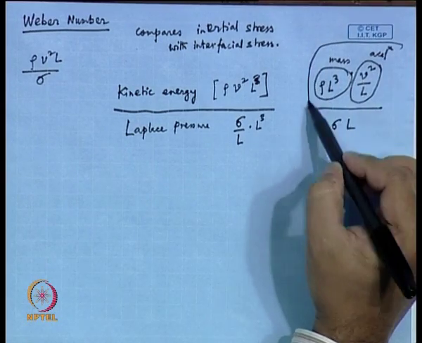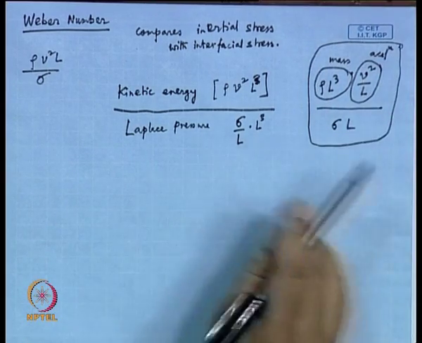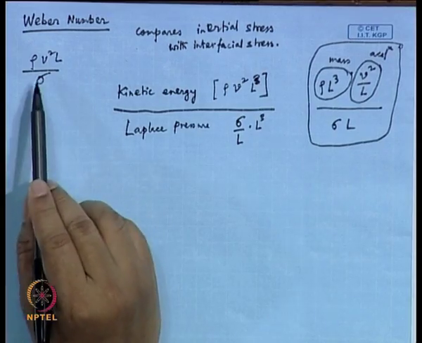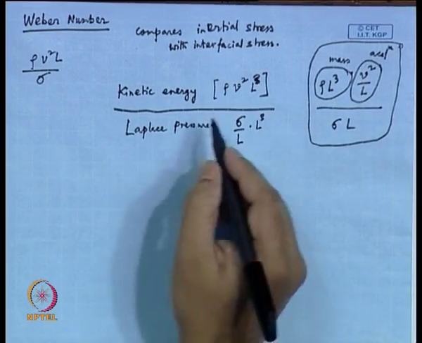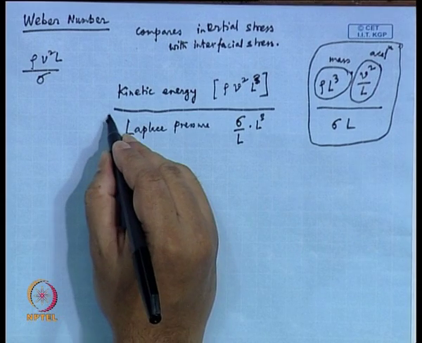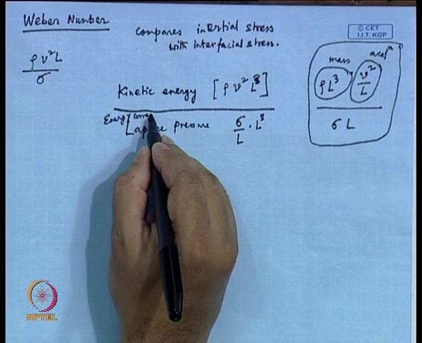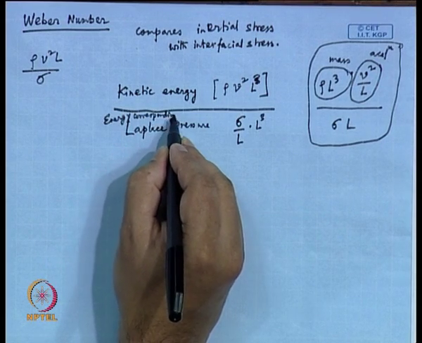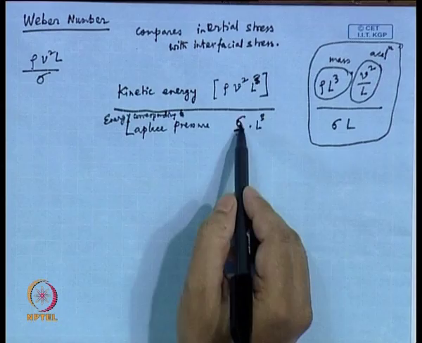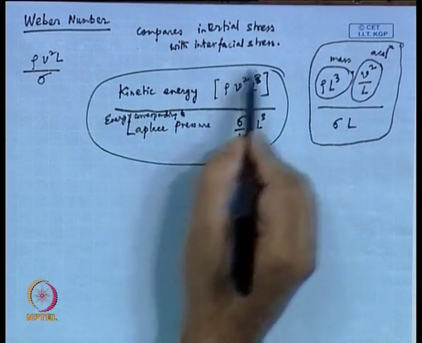This also leads to rho v square L by sigma, or you can write this as energy corresponding to this quantity. So, this is also another interpretation possible.